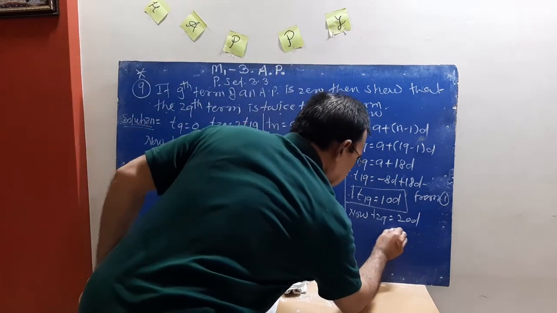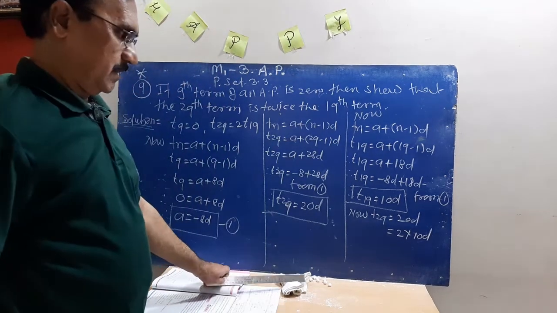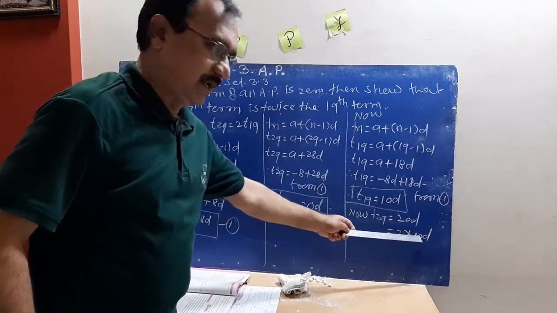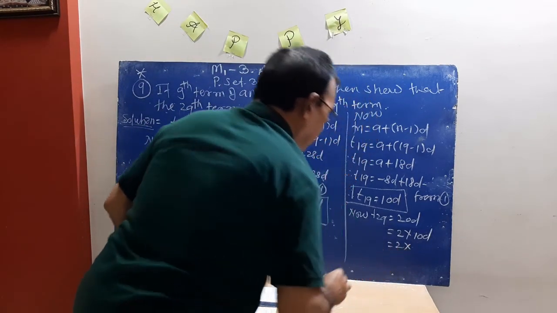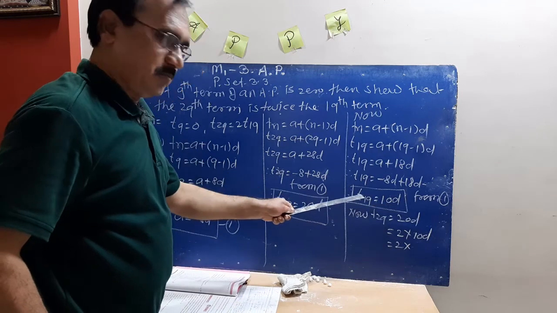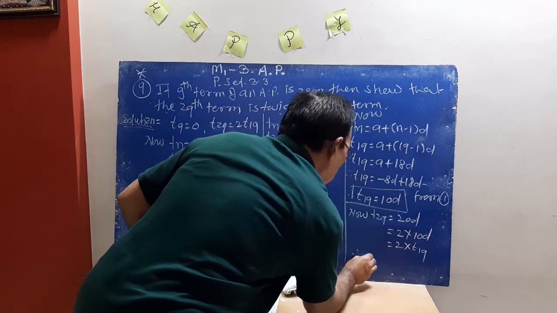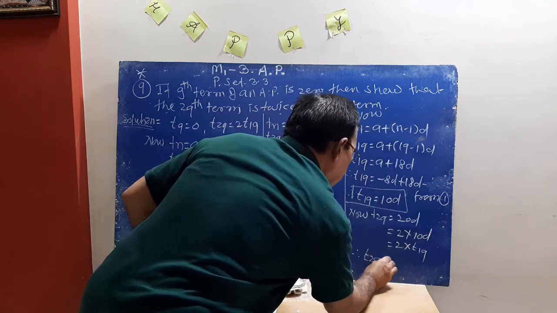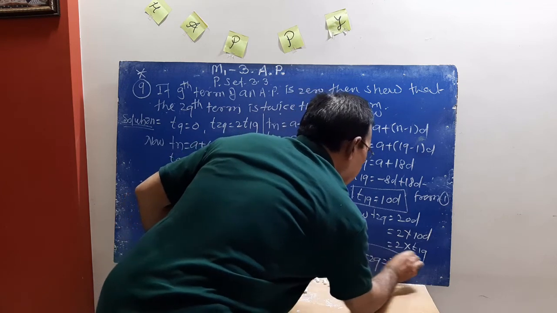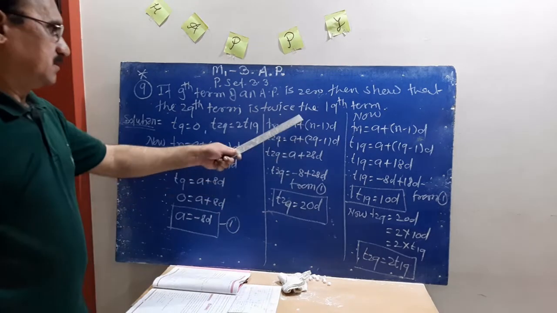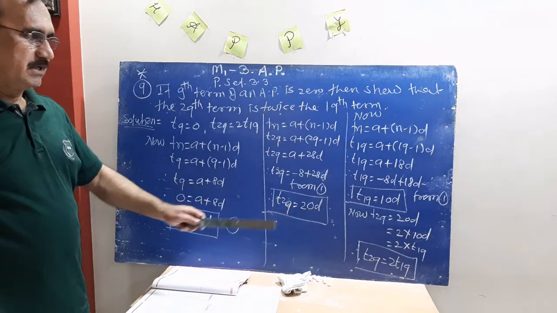We can write this term in this manner: 2 into 10d. 20d means 2 into 10d, is equal to 2 into, 10d means T19, and therefore we can write T29 is equal to 2 into T19. Hence this is proved that T29 is equal to 2 into T19.